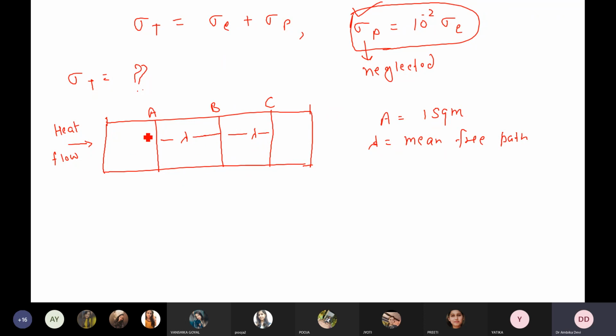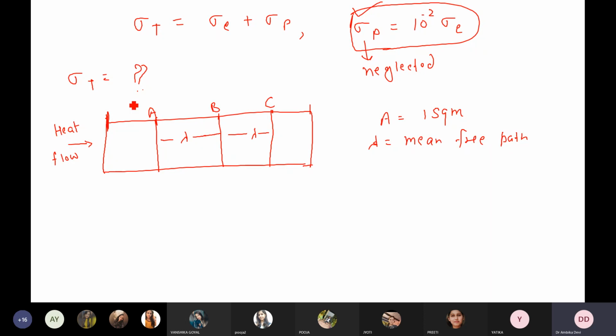Okay. Next thing, let us assume that the temperature at A will be different, the temperature at B will be different, and the temperature at C will be different, right? Now, how much is the temperature changing? What is the rate of change of the temperature with respect to x?